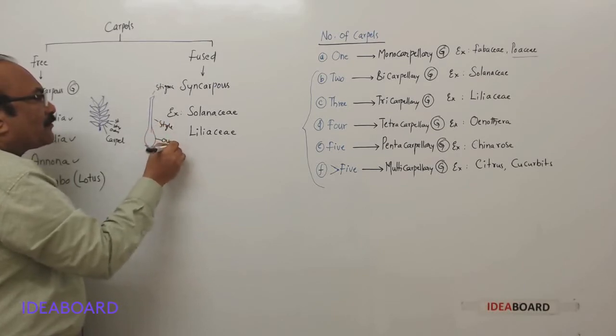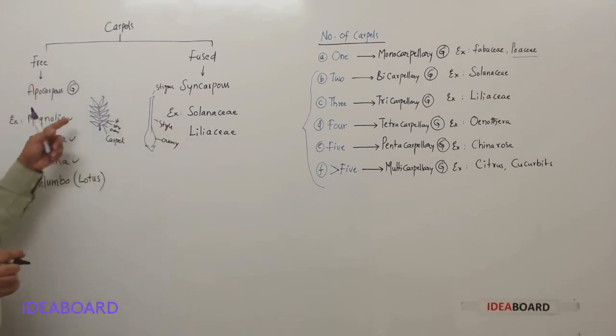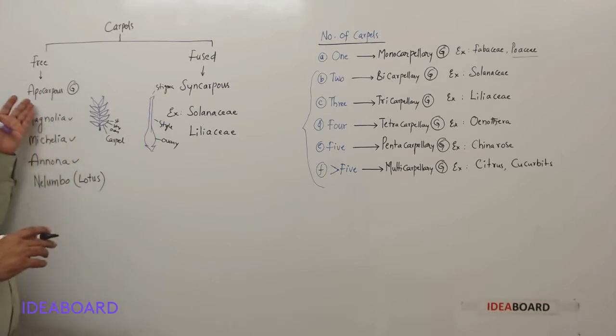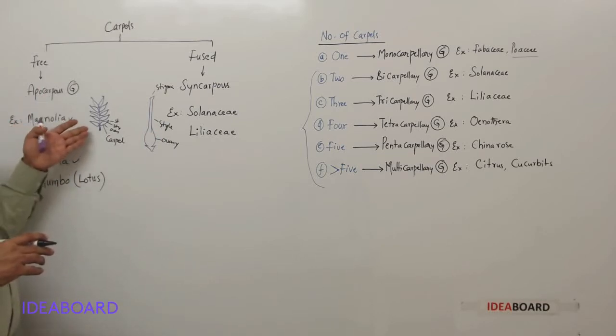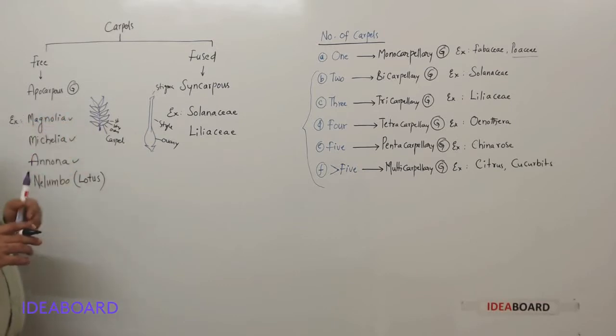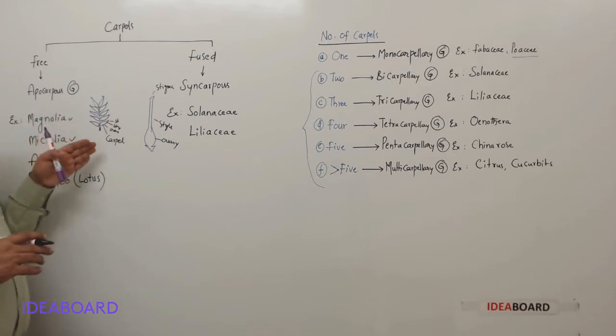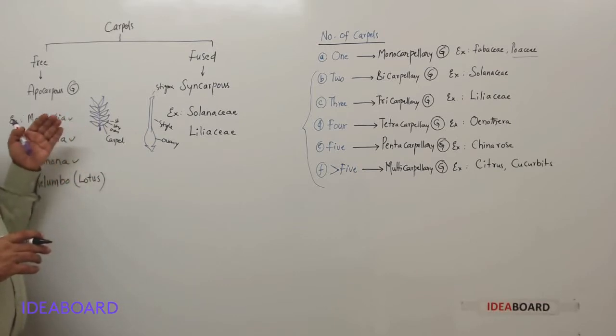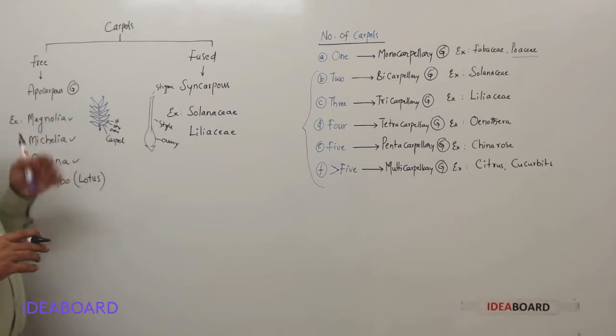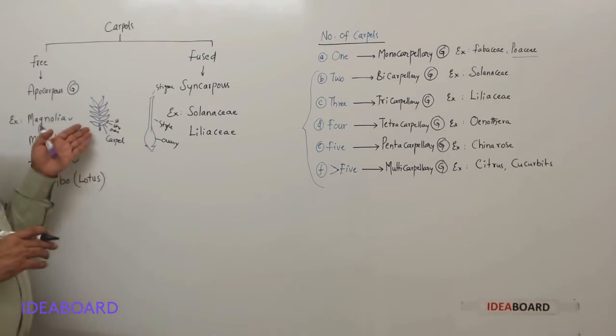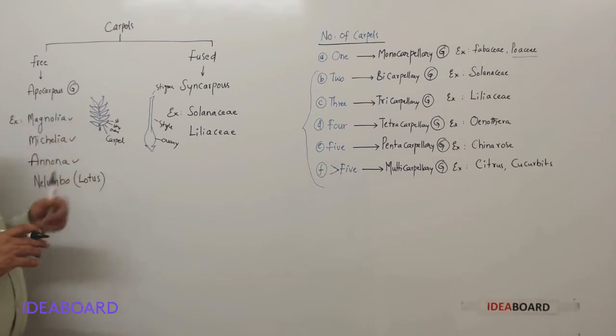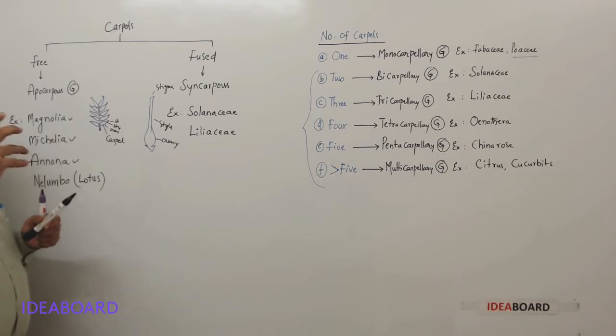I hope you are understanding this point. If it is apocarpous gynoecium, you will find many ovaries, many styles, many stigmas, as the number is equal to the number of carpels. That's why after fertilization we get an aggregate fruit here, but this one develops into a simple fruit.